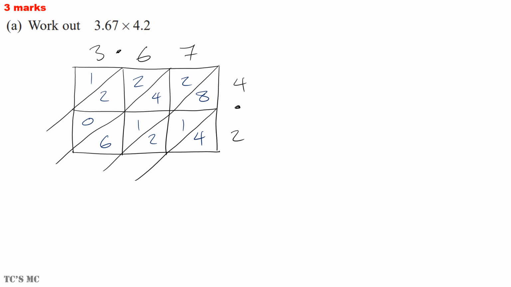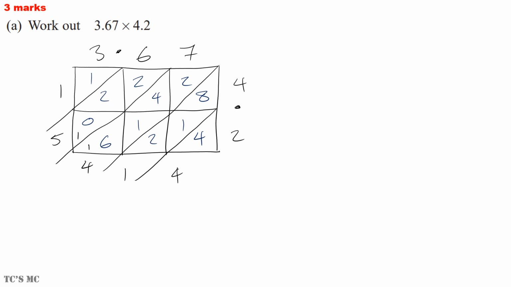Then we need to add up diagonally, starting from the right. 4 add nothing is 4. 8 add 1 add 2 is 11, carry over the 1. 2 add 4 add 1 add 6 add 1 is 14, carry over the 1. 2 add 2 add 0 add 1 is 5. 1 add nothing is 1.